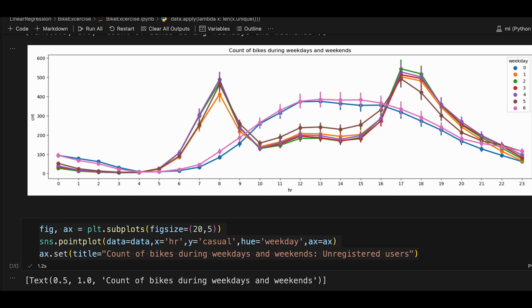Here, if you observe, weekday follows the encoding 0, 1 to 6, but this is not exactly correct, right? Because these two, Saturday and Sunday, look somewhat equal, whereas the remaining five days look similar, but it is not following any pattern like first Sunday, then followed by Monday, then followed by Tuesday, like that. It is not following any order. These two are similar and these five are similar.